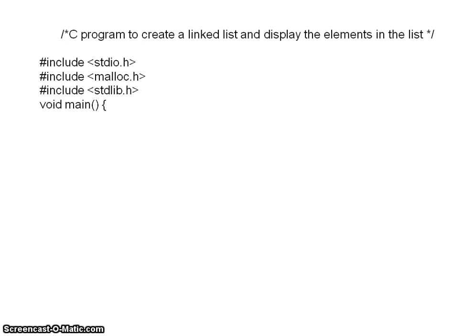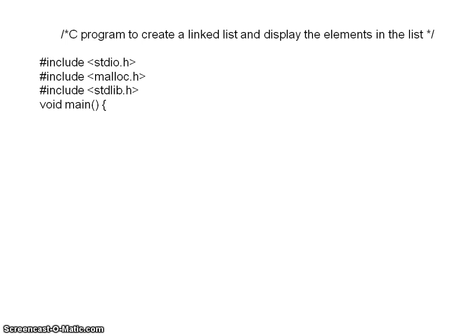For example, how many data we are going to store in a single node, as well as how many pointer fields are required. Because it's a simple singly linked list, there will be only a single pointer field. And let me take a very simple example in which we want to store a single data, so it will also contain a single data field.